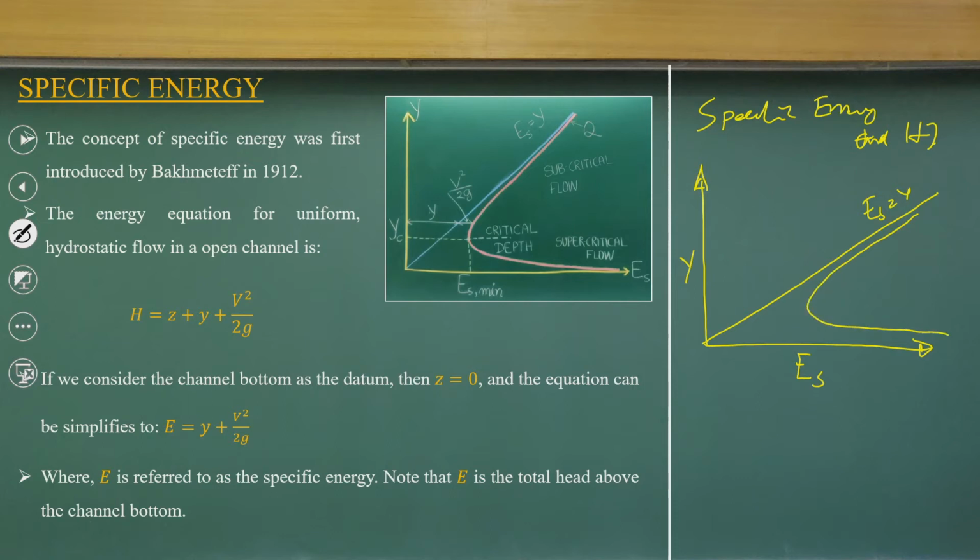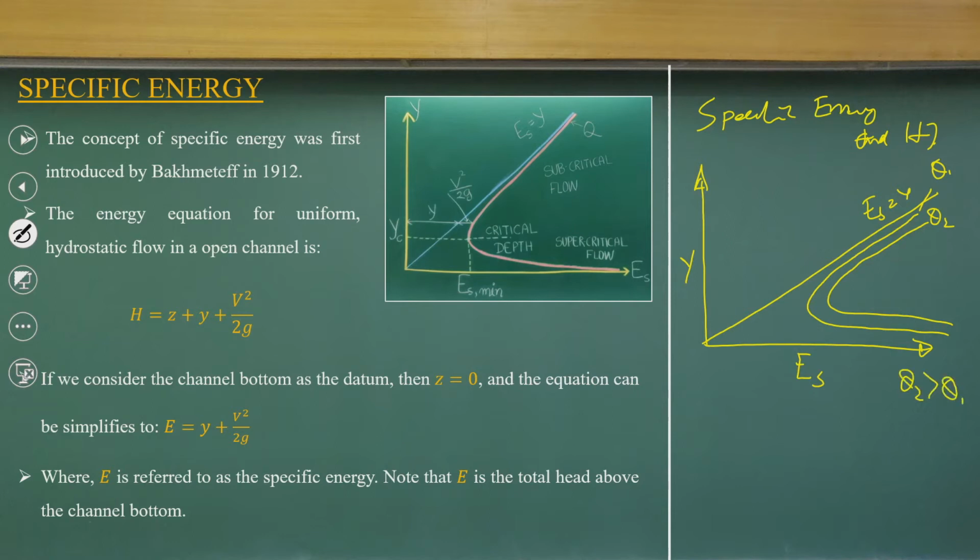Please practice drawing the specific energy curve for a particular discharge, let it be Q1. If you draw it for another discharge, it will come as Q2, where Q2 is greater than Q1.